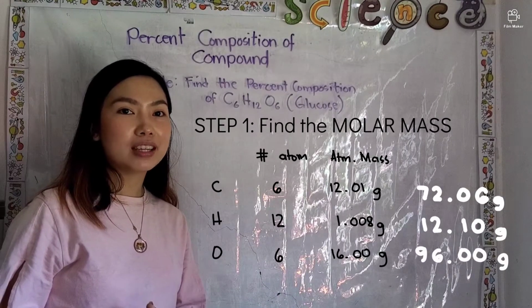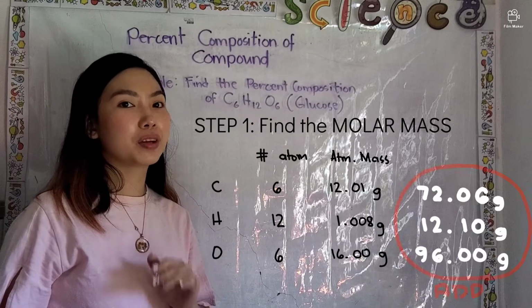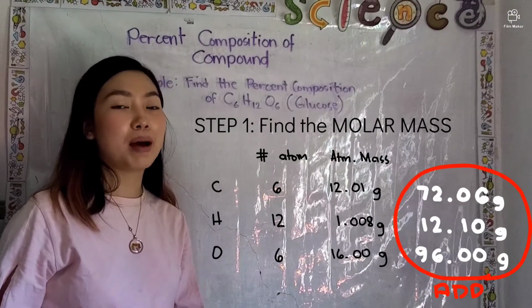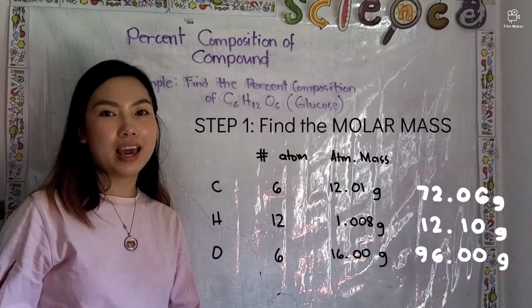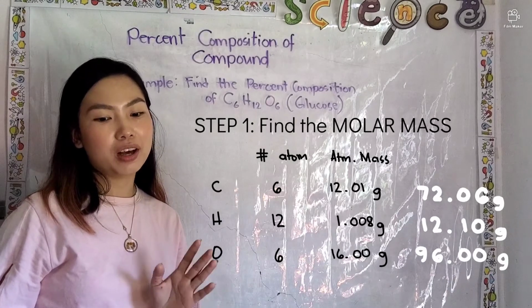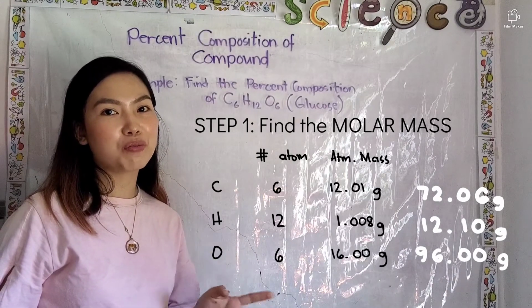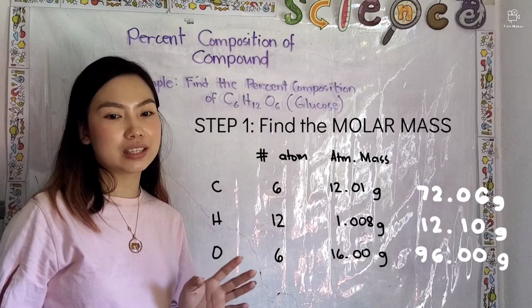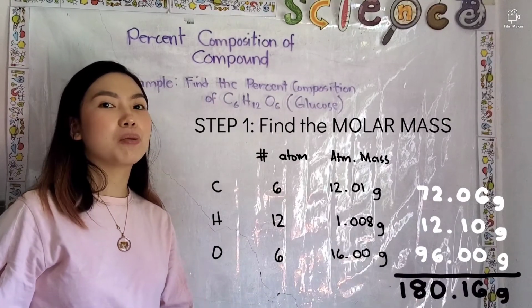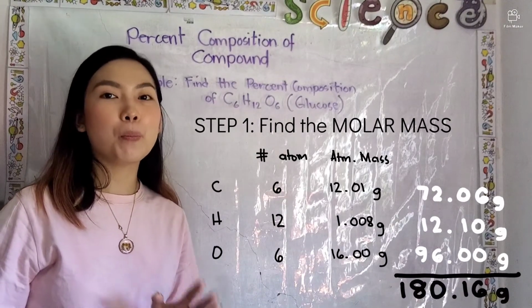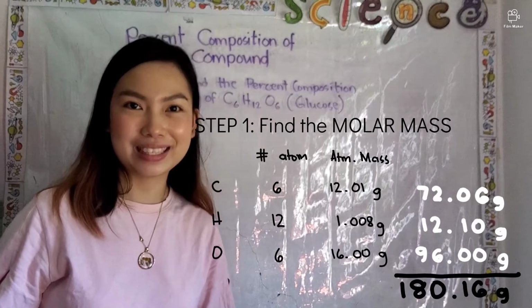And then after finding the individual grams, add all the mass of the three elements. So you have 72.06 plus 12.10 plus 96 is equal to 180.16 grams per mole, and that's now your molar mass.